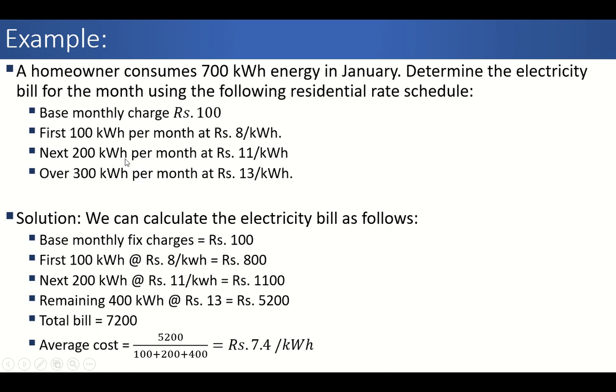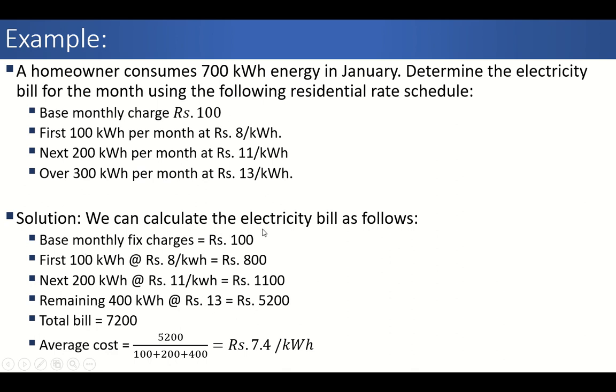The next 200 units per month are at rupees 11 per unit, and over 300 units per month at rupees 13 per unit. We want to find what the total cost of the electricity will be for that owner who has consumed a total of 700 units of electricity.